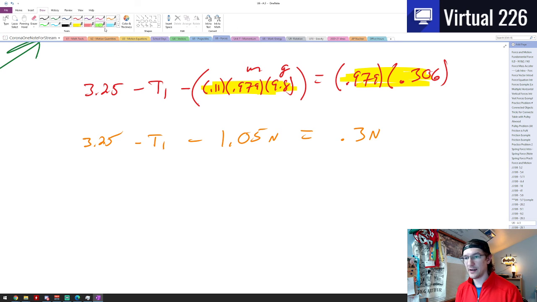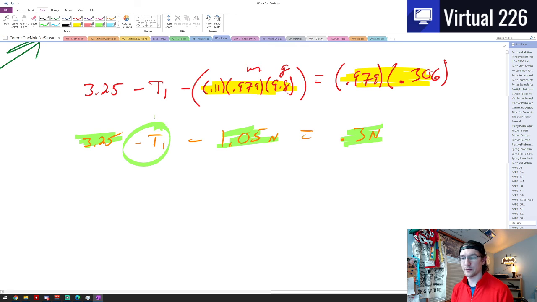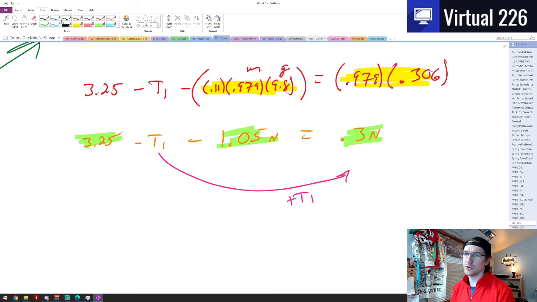All my numbers that I have, these are all like terms, so I'm just going to combine them together. And then I just need to solve for T1. So to do that, I'm actually going to bring T1 over to the right. I'm just going to add T1 to each side. And I'm going to subtract 0.3 from each side so that the 0.3 goes away and comes over here with my numbers, and my T1 goes to the other side.